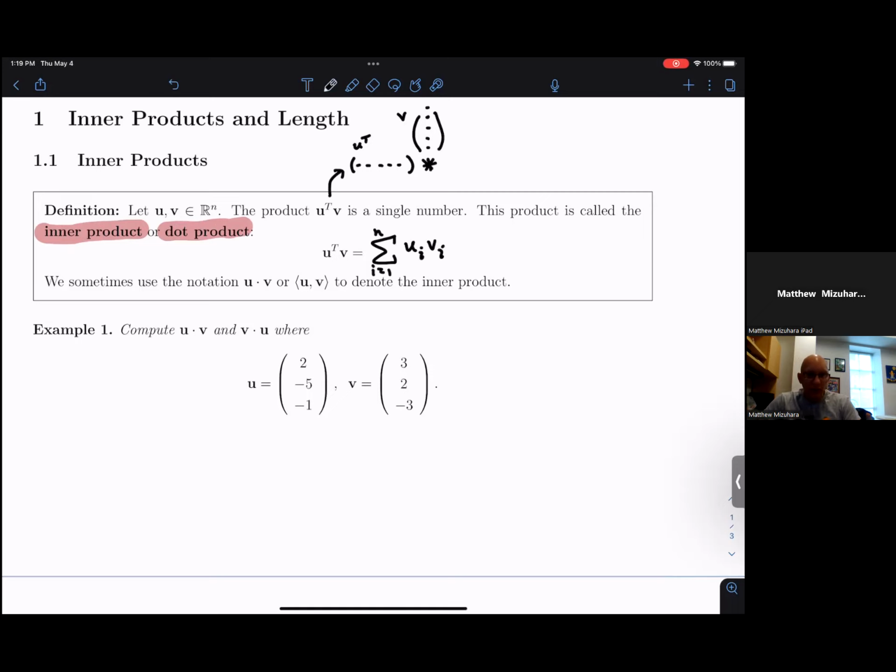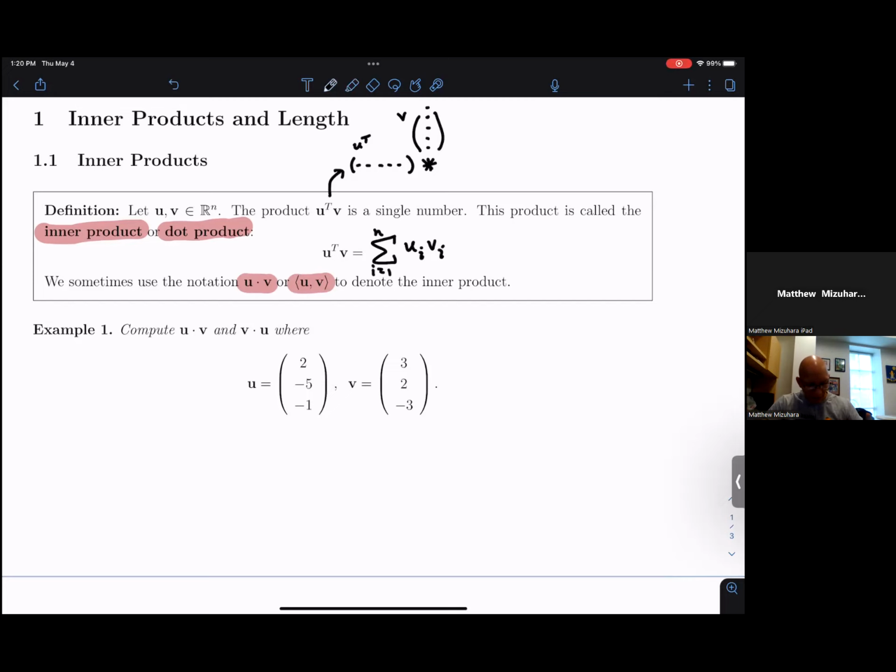That is, you take the first number in the vector u, first number in vector v, multiply them, second number in u, second number in v, multiply them, and do that for every pairing, and then add up all those answers. That's it. That's the dot product. Now we have a couple equivalent notations. It's typical to write either the dot between them to say this is the dot product, or you use these sort of angular brackets to say u inner product v. But it's all the same thing. It's the specific way of turning two vectors into a single number.